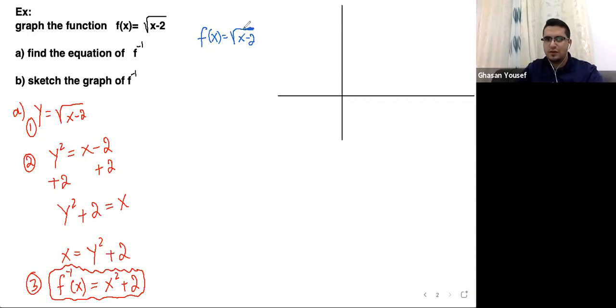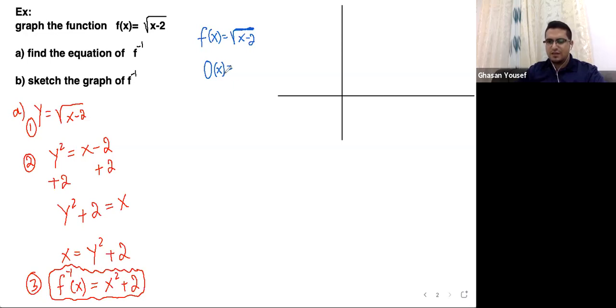Now, before you graph this one, to know what the original function is, as we learned before, we start by graphing the original function, then we do some transformation, like in section 2.6. In section 2.6, we learned, first of all, to know what the original function is, then modify it, then start graphing.